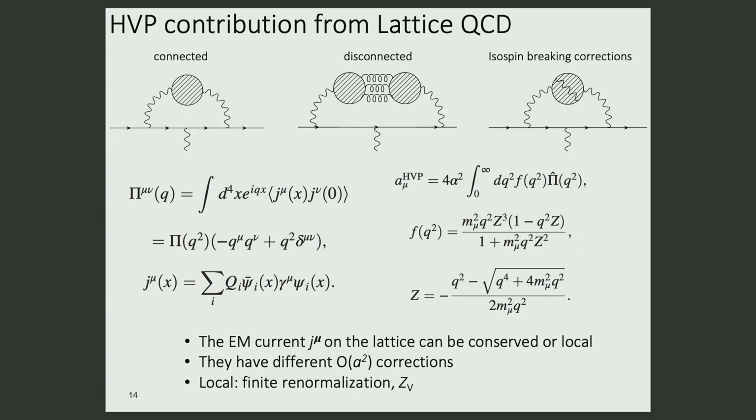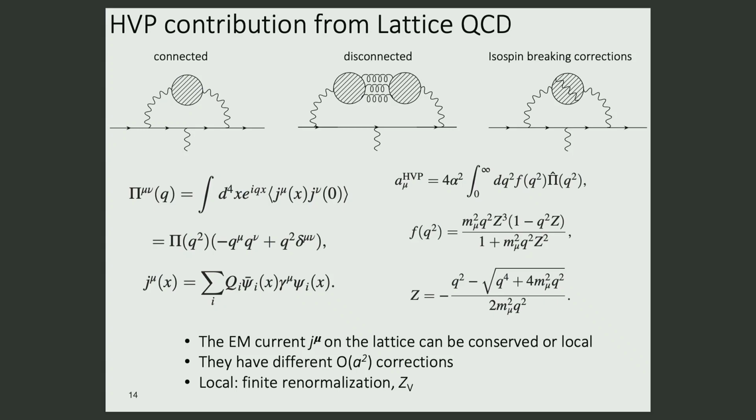Okay, so it looks very similar to the data-driven approach, except we calculate everything directly in Euclidean space, or in the space-like region. And this kernel F here, again, is a known kernel that just comes from the one-loop diagram.